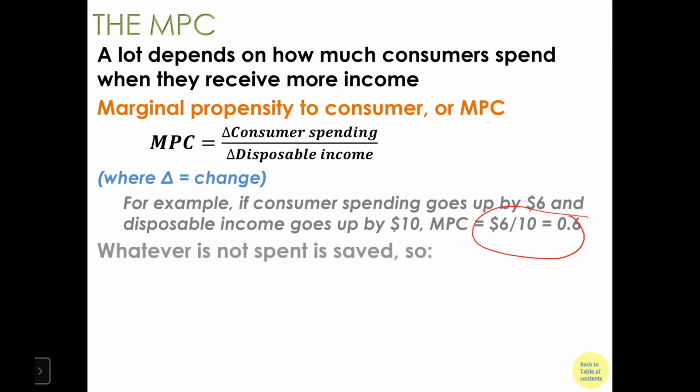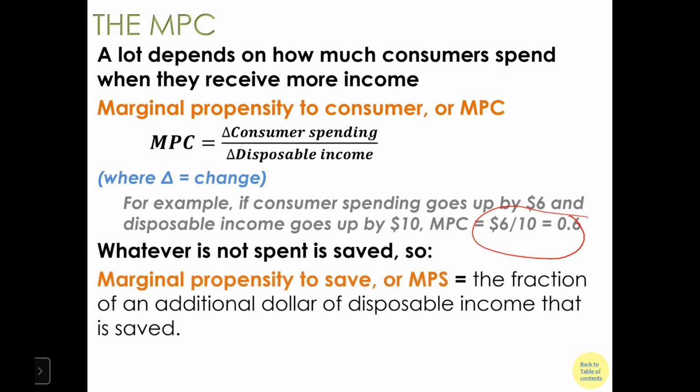The rest of the money will go to saving, because whatever you do not consume must go to saving. Whatever you do not save must go to consumption, right? And hence, we are going to have MPS, and finally, MPS equal to 1 minus MPC.